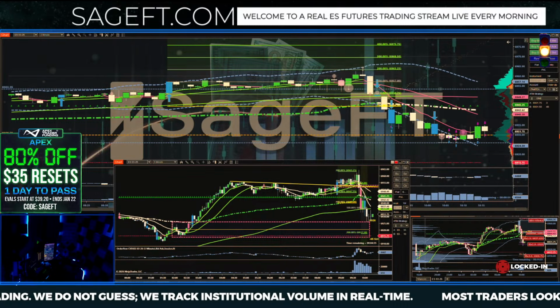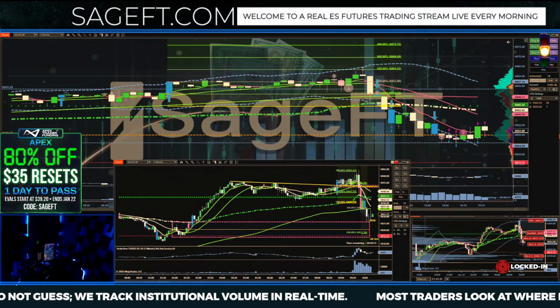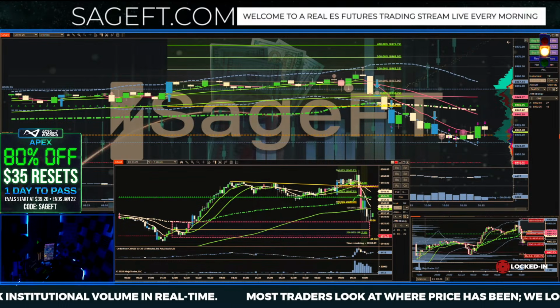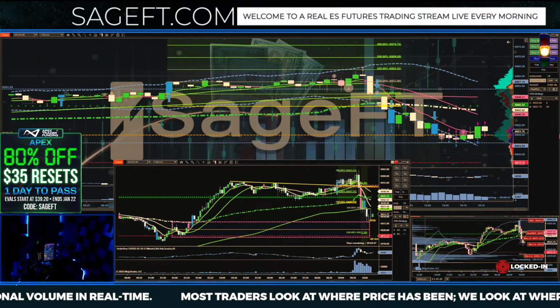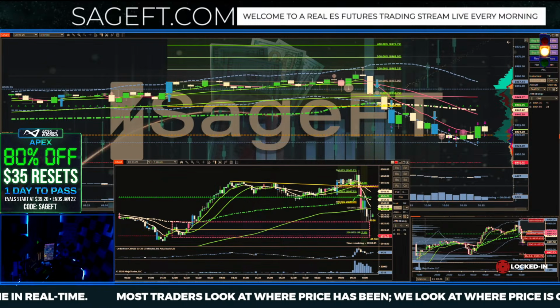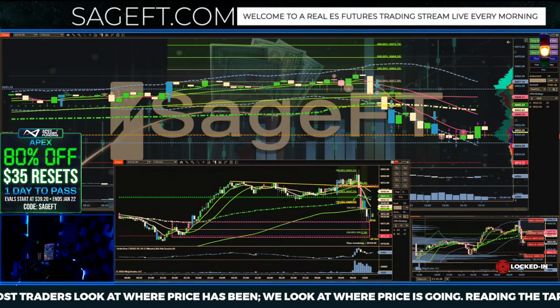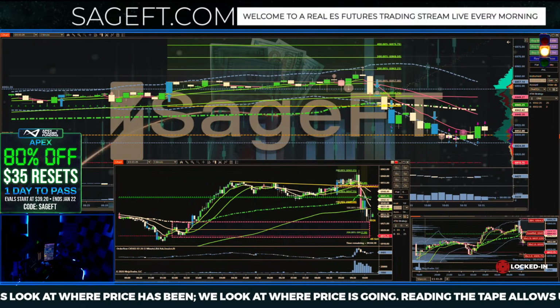I needed it to go a little bit higher, but what it did is it filled in that 33.25. Damn, I shouldn't have moved my stop. The reason I moved my stop up so quick, folks, is I'm not giving that back counter trend. There's no way.